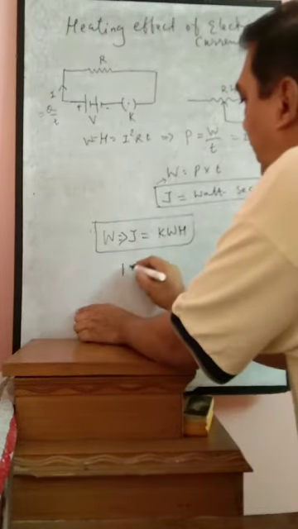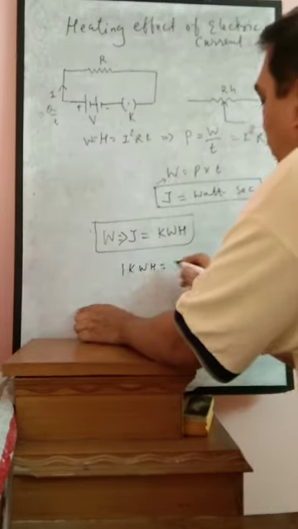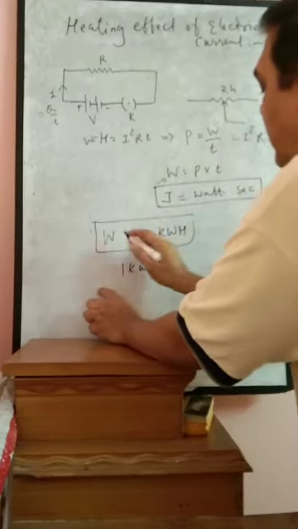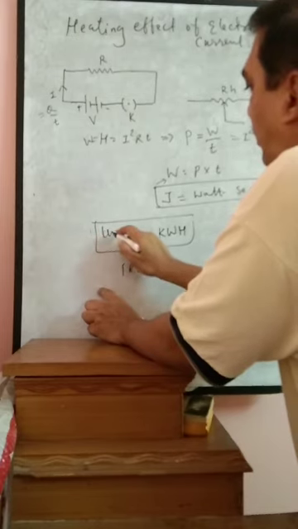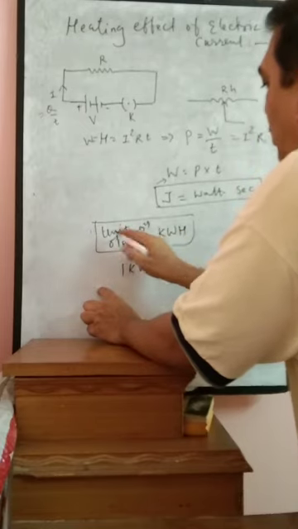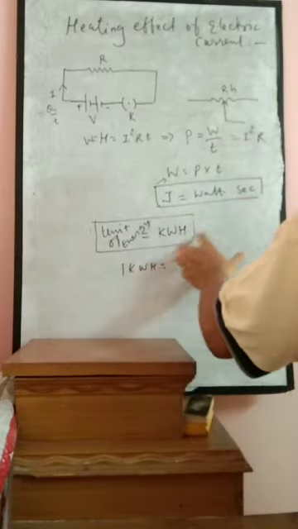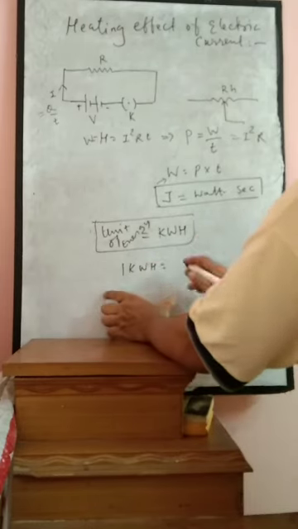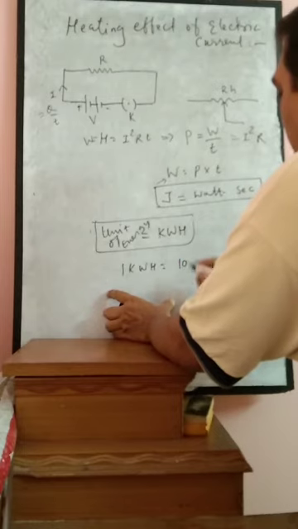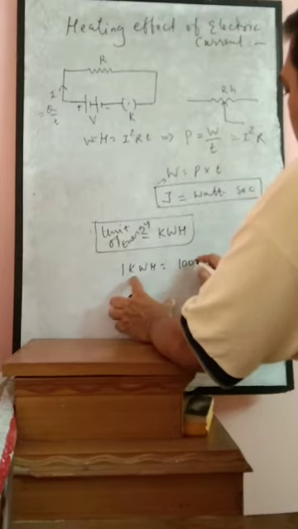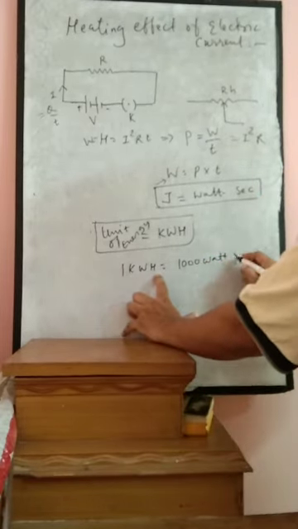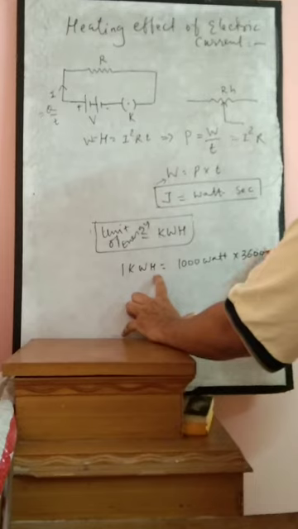So 1 kWh is a unit of energy, a unit of work, represented in terms of kWh. Now we want to understand 1 kWh equal to what? We know 1 kilowatt is equal to 1000 watt and 1 hour is equal to 3600 second.